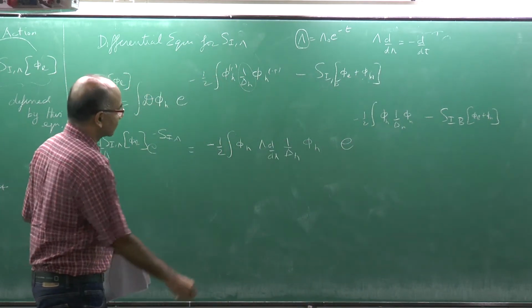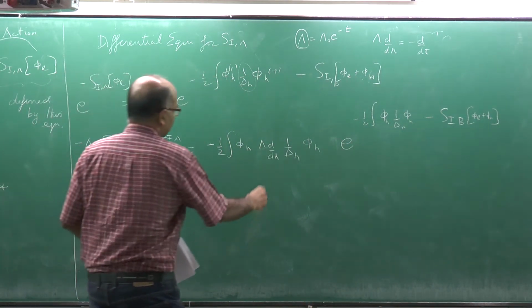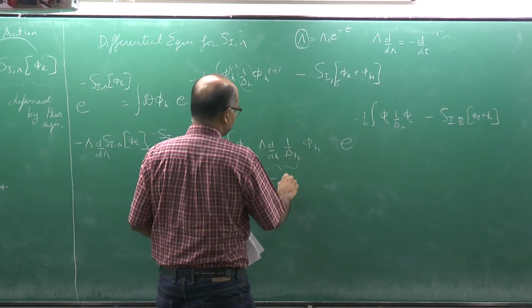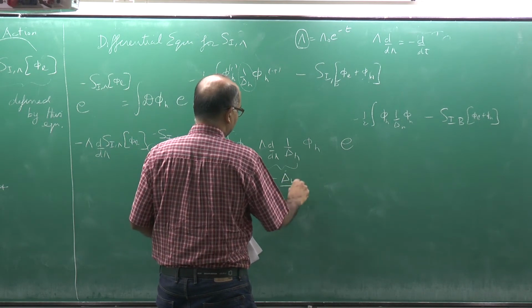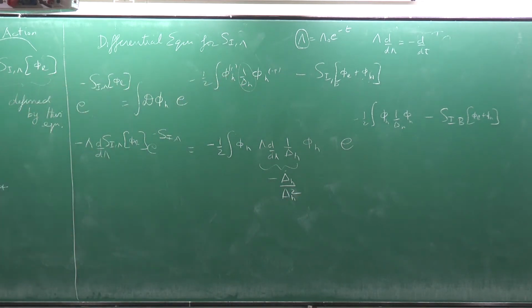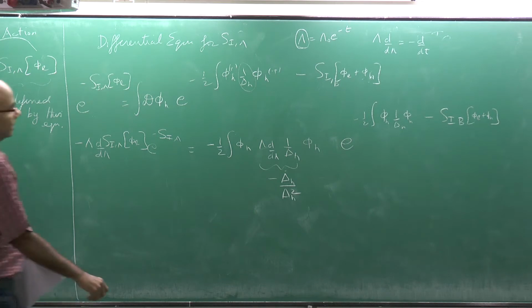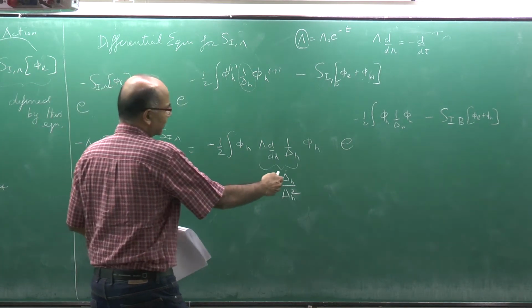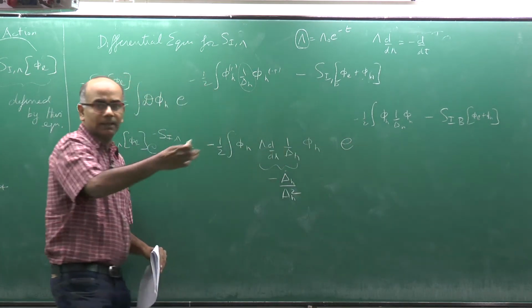So that's the left hand side. This you can simplify and write as minus del h dot by square. So that's the limit. Since it's just a function of p, it's all multiplicative.